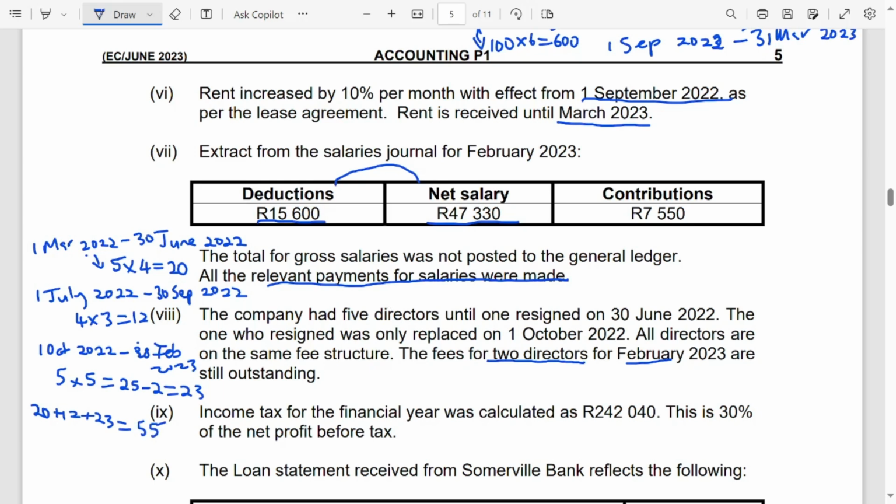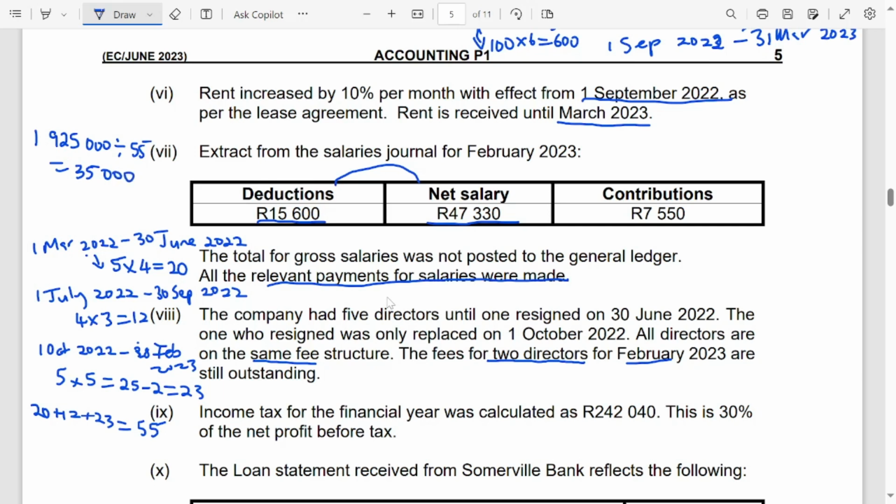So now, if we want to know how much the director's fees are per month, because remember they said it's the same fee, if we want to know how much the director's fees are per director, we're going to say 1,925,000 divided by 55. That is going to be 35,000.